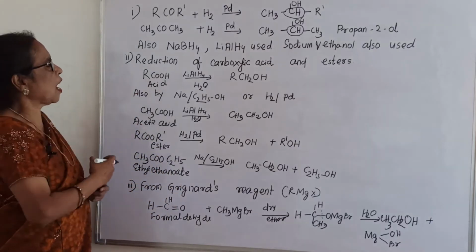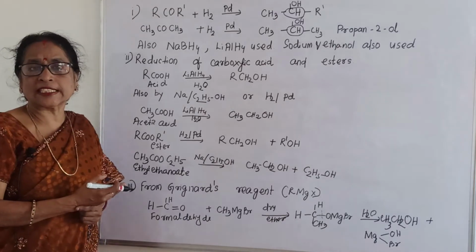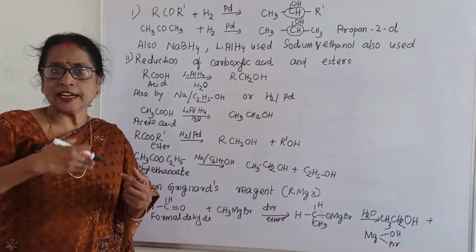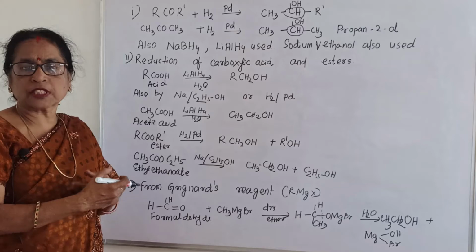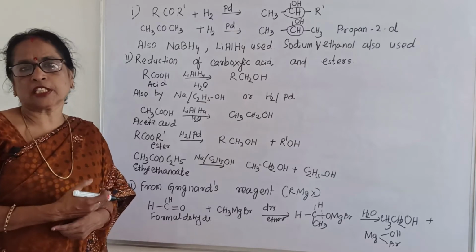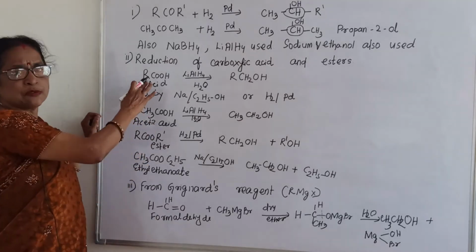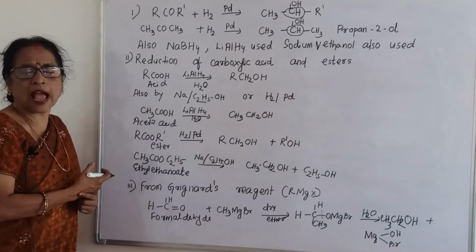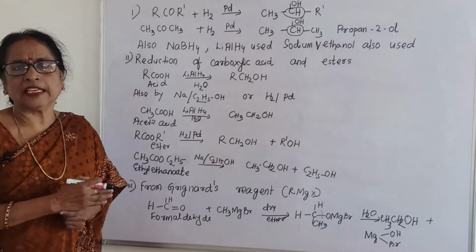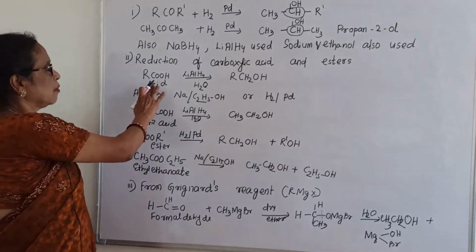Now next one, reduction of carboxylic acid and ester. We can reduce carboxylic acid, also ester, by which you can get alcohol. Now see, what is the general formula for acid? RCOOH. This is the general formula of acid.